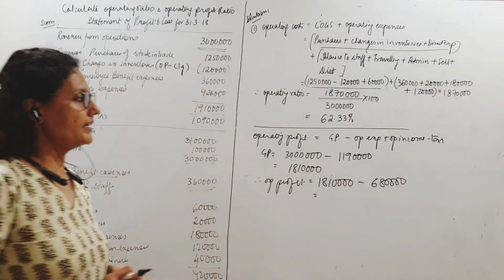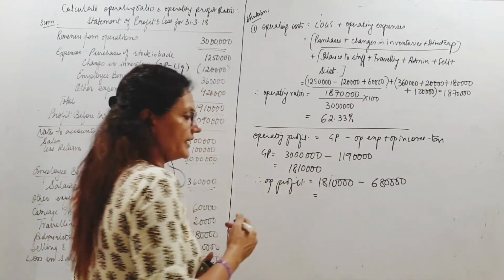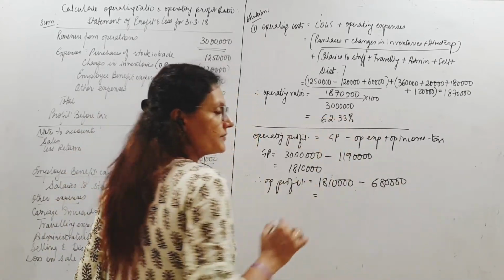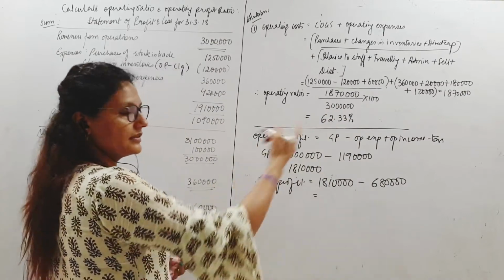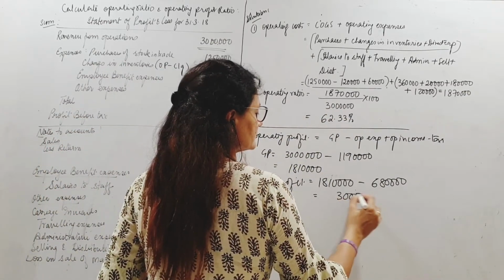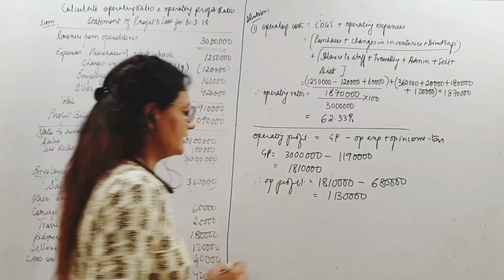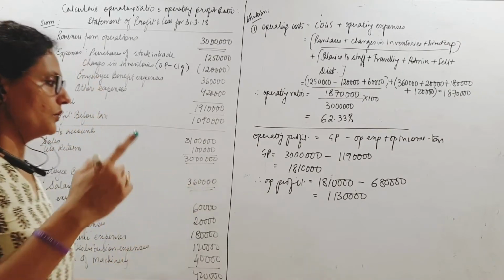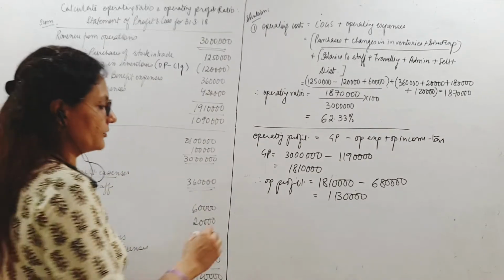So this is how I get my operating profit: gross profit minus operating expense. There is no tax, there is no operating income. So I think it's 11 lakh 30,000. Yes, this is my operating profit.